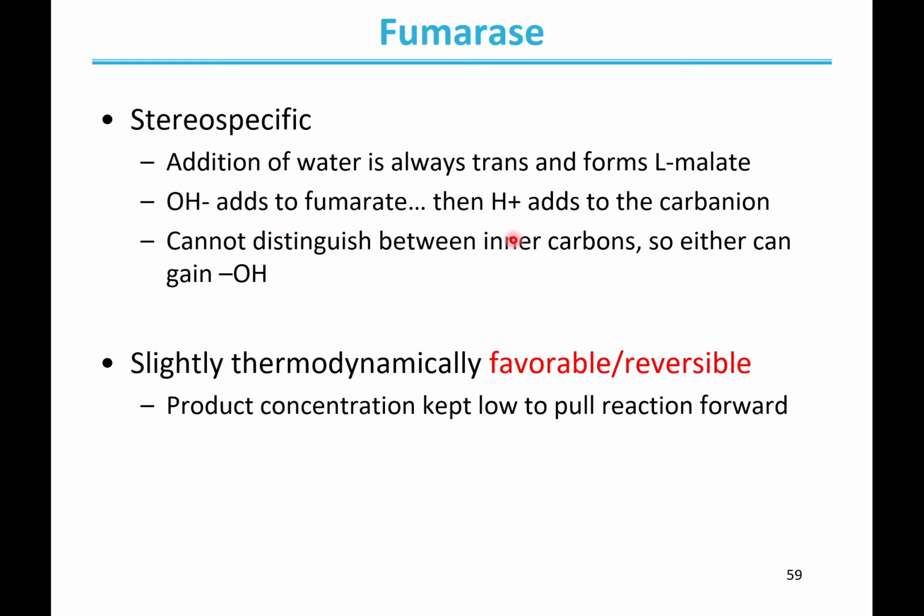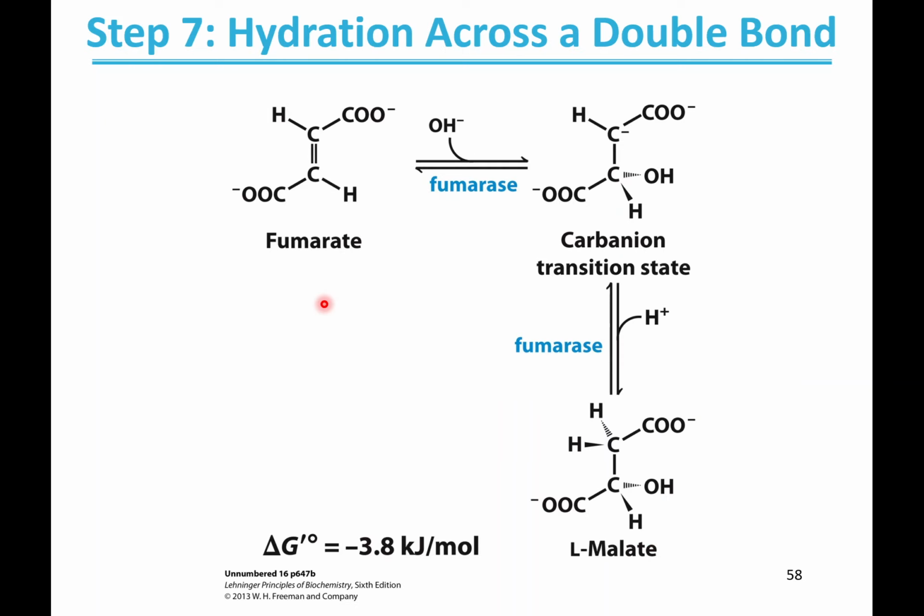OH adds to fumarate, then a proton adds to the carbanion intermediate. You can't distinguish between the inner carbons, so either can gain the OH group, right? So it's symmetric.